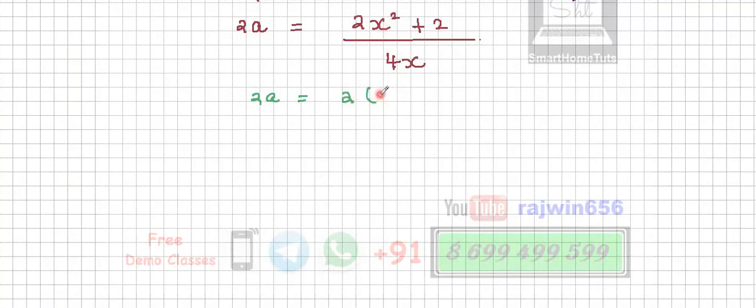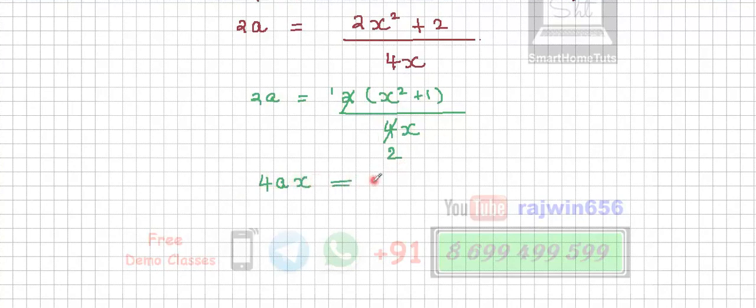So in the numerator I'm getting x square plus 1 upon this is 4x. I can strike out this 2 with 2. So this is going to become 2x. It's outside the bracket, so it is cancelable. Now this 2x I'll take over here in the numerator. This is going to become 4ax.